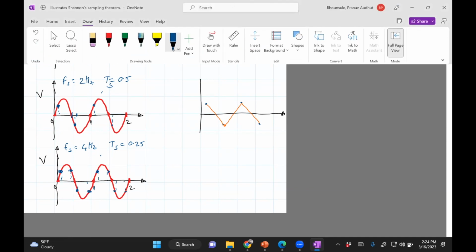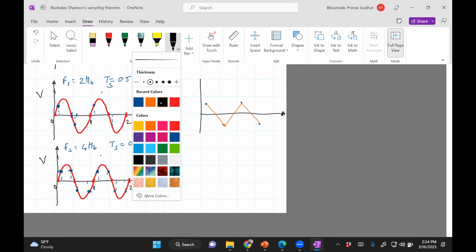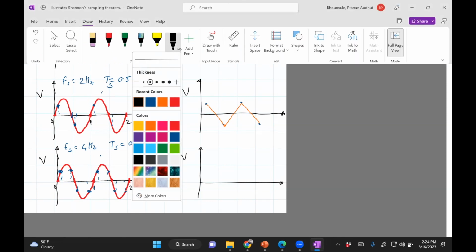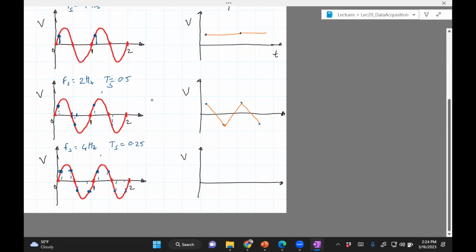So let's draw that here. First point is here, second point is here, third is here, fourth is here.